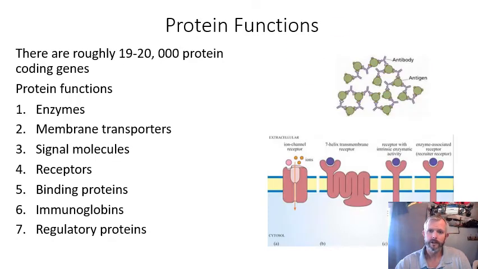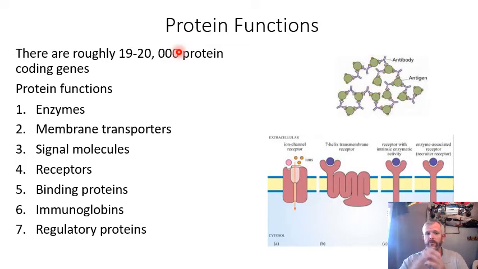So, like I said, the proteins are the functioning molecules in the body. They are what makes things go. They are the ones that get the work done and do the functions to make sure the cells can operate properly. Okay, you can tell how important they are because our DNA basically codes for all these different proteins, and we have roughly up to 20,000 genes that code for all the different proteins.